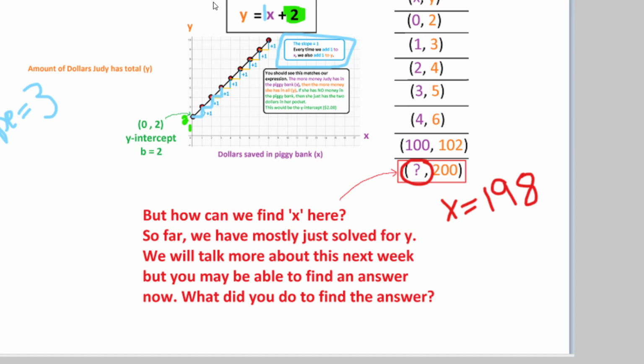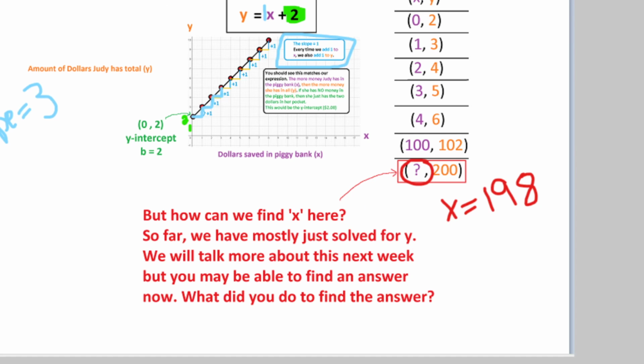But what if it was a little trickier? What if we were working with decimals or something like that? This might be harder to do in your head. So what we're going to talk about next week are certain steps we can take to solve for x in these type of equations.